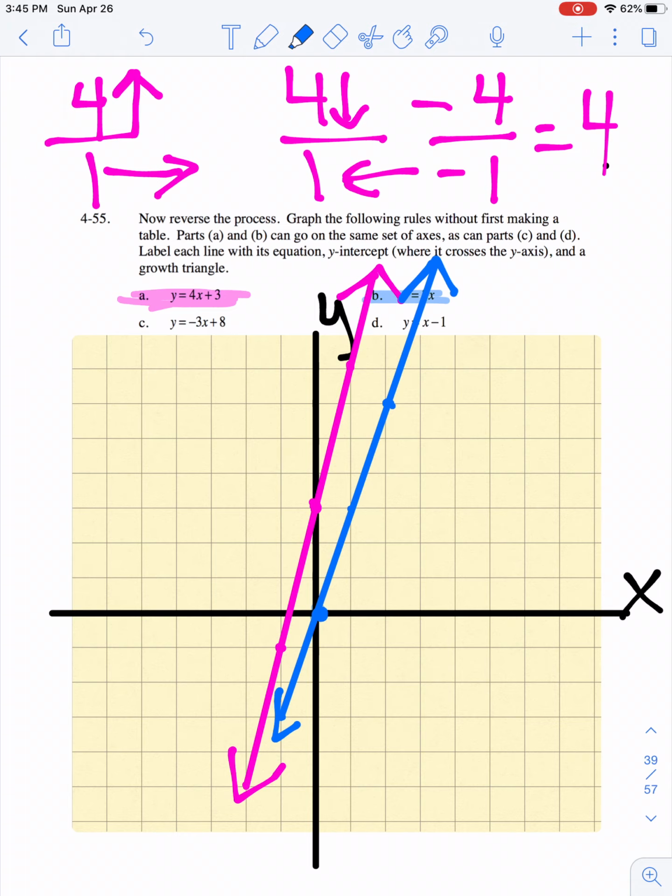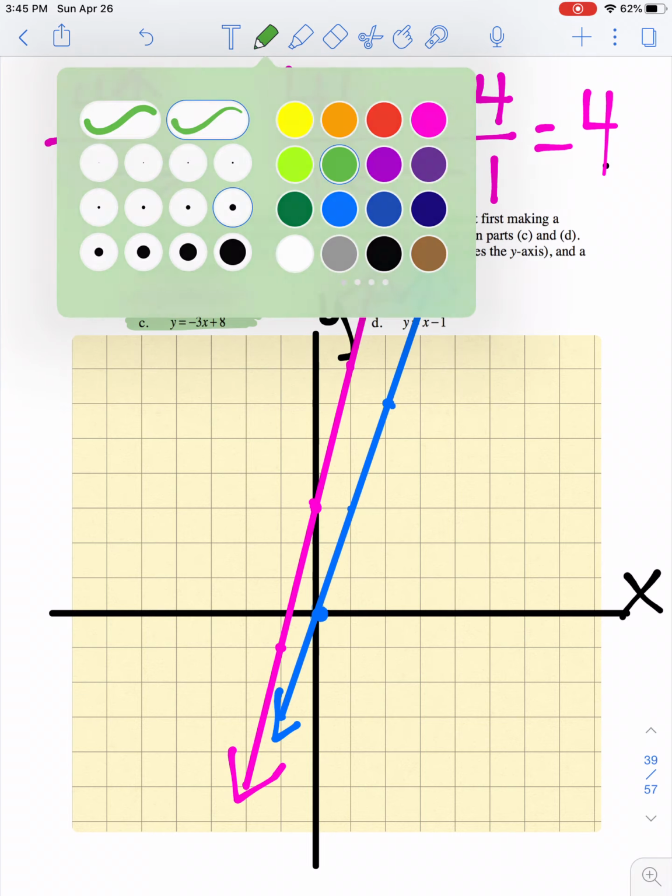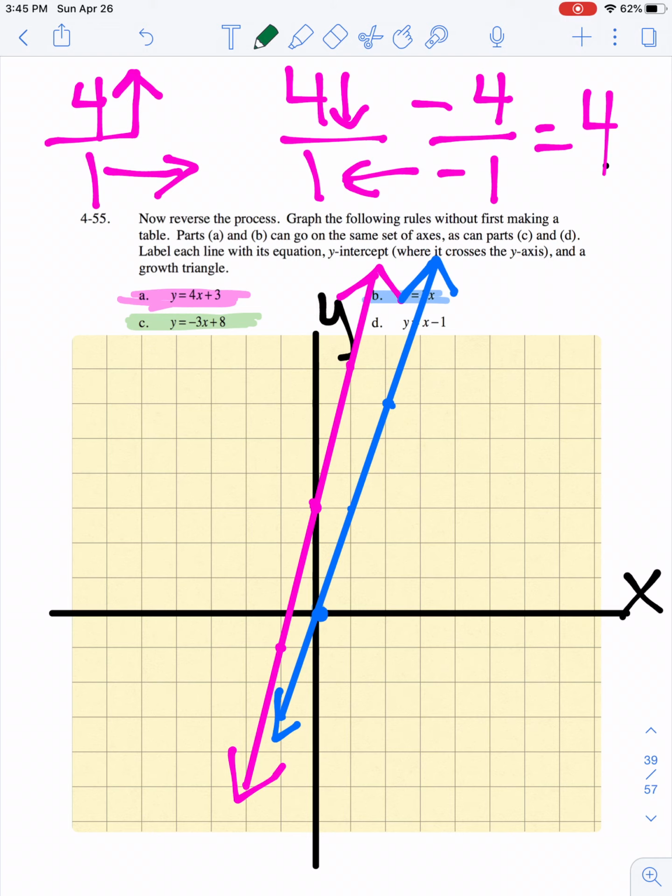All right, let's look at letter C. Letter C is a little tricky because it has a negative slope. So it's going to intercept way up here at the top of my graph. And our slope is negative 3 over 1.